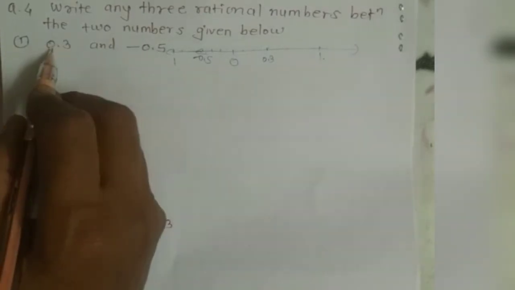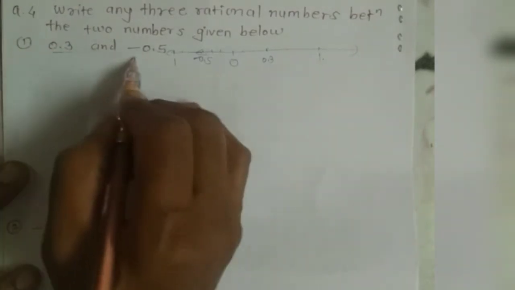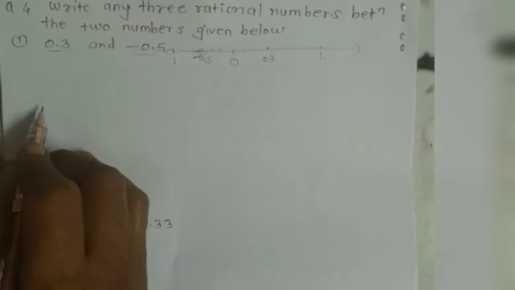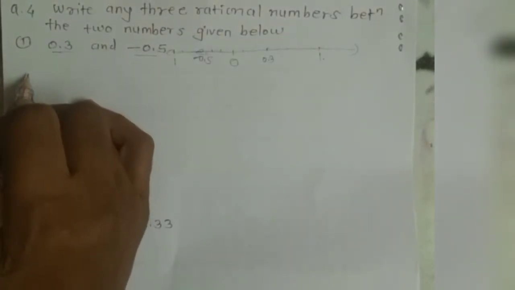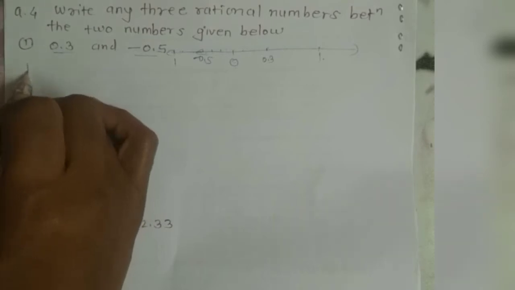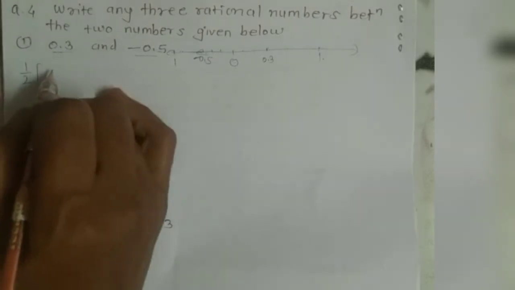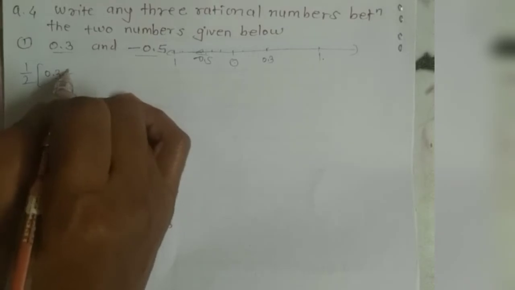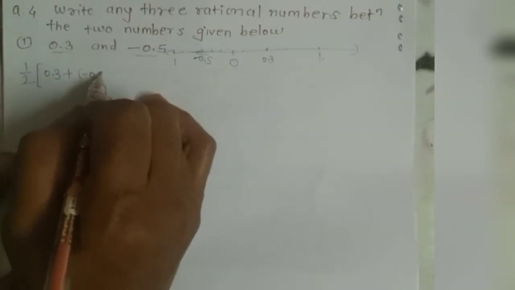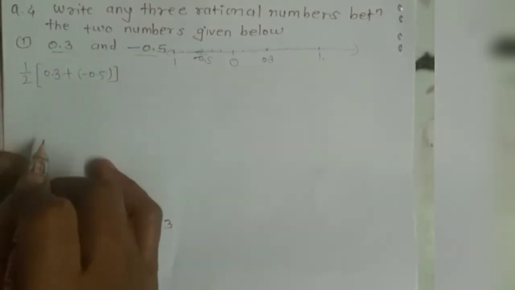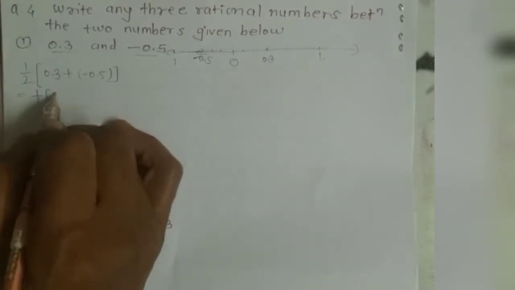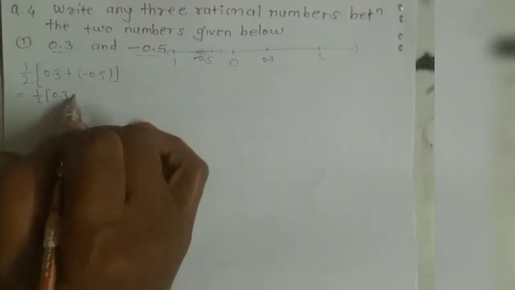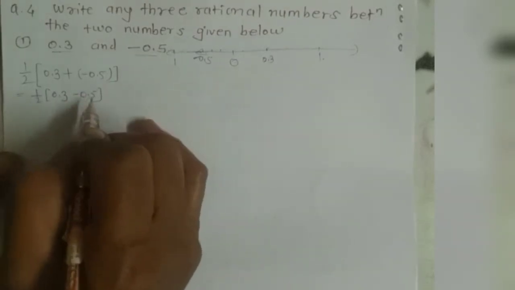And using this concept, the number between these two, 0.3 and negative 0.5, we can find like this: 1 upon 2 in bracket 0.3 plus negative 0.5. By solving this, we get 0.3 minus 0.5.